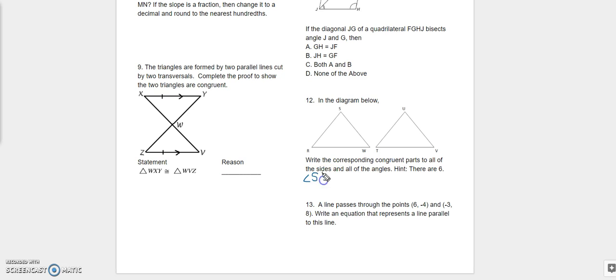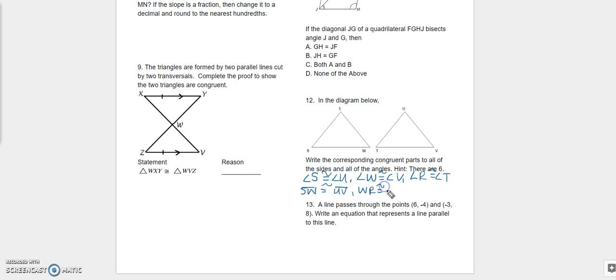Angle S is congruent to angle U. Angle W is congruent to angle V. Angle R is congruent to angle T. And then that's my 3 angles. And then I'm going to do my sides. SW is congruent to UV.